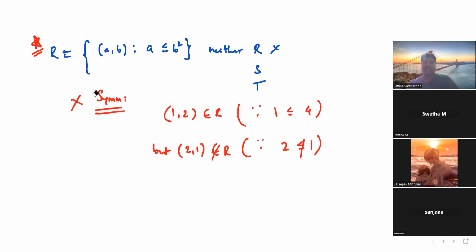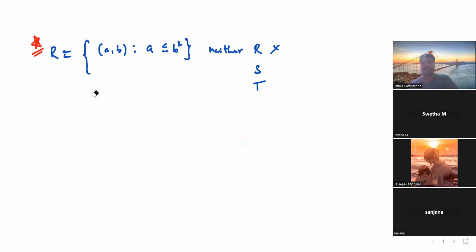Transitive we can check. For example, let us take three numbers. Let us say 3, 5 and 10. So 3 is less than or equal to 5 square. Right?